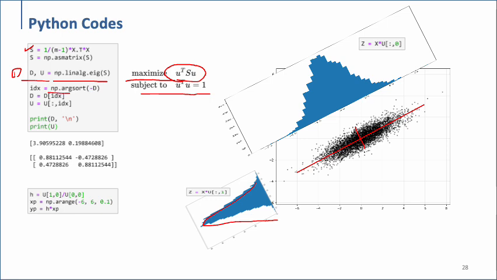And by finding the maximum eigenvalue, we are able to find the principal axis. By printing out the eigenvalues and eigenvectors, here are the two eigenvalues, and these are the two eigenvectors.